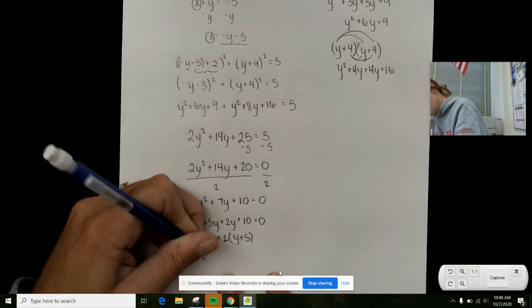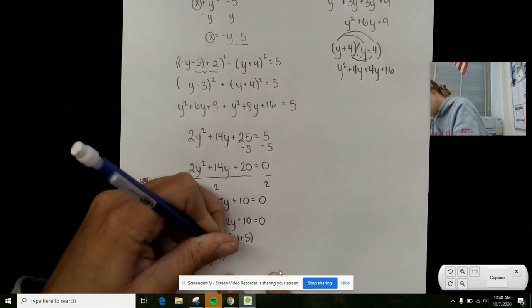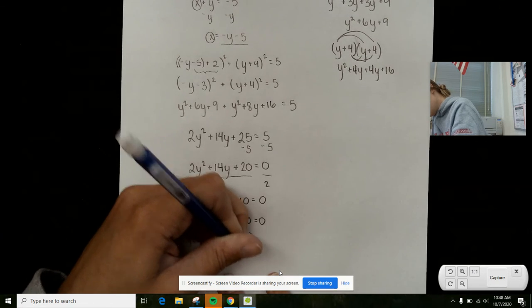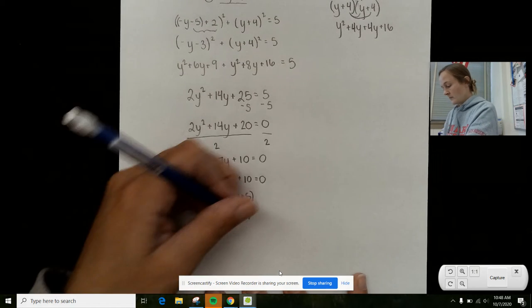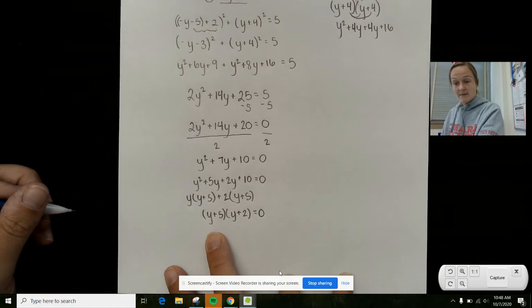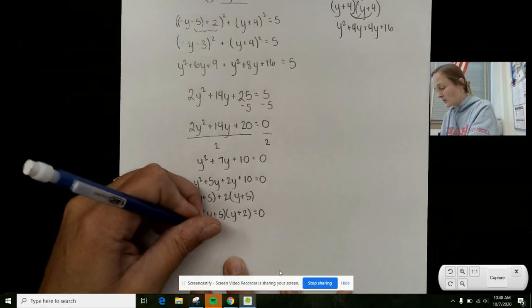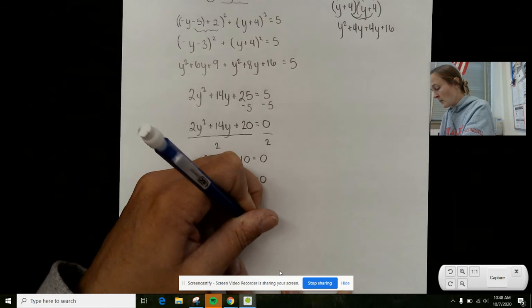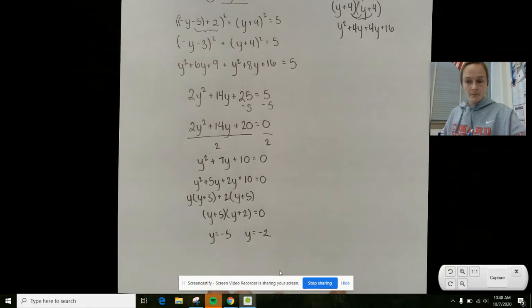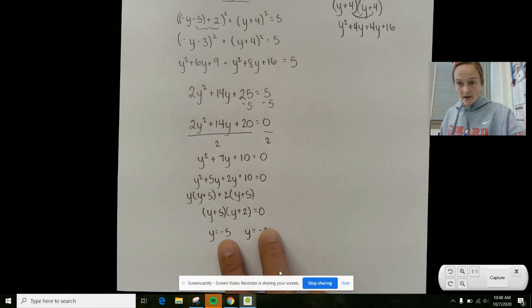So I end up with (y plus 5) times (y plus 2). If I set y plus 5 equal to 0, I get y equals negative 5. And if I set y plus 2 equal to 0, I get y equals negative 2. These are my y values.